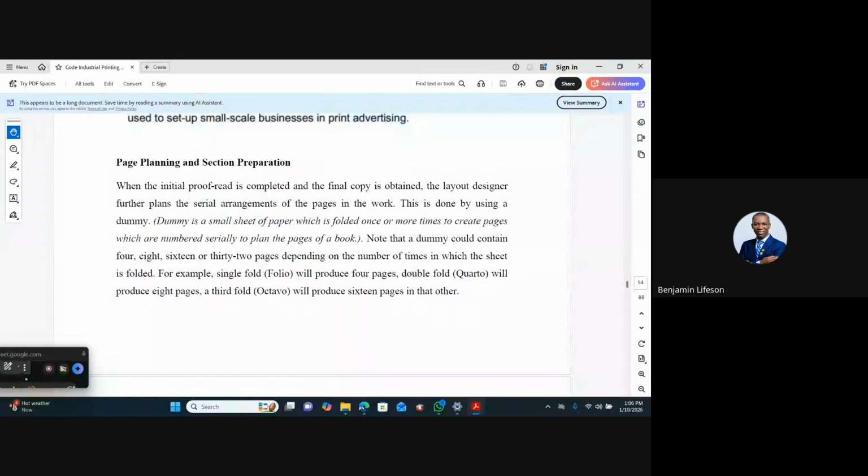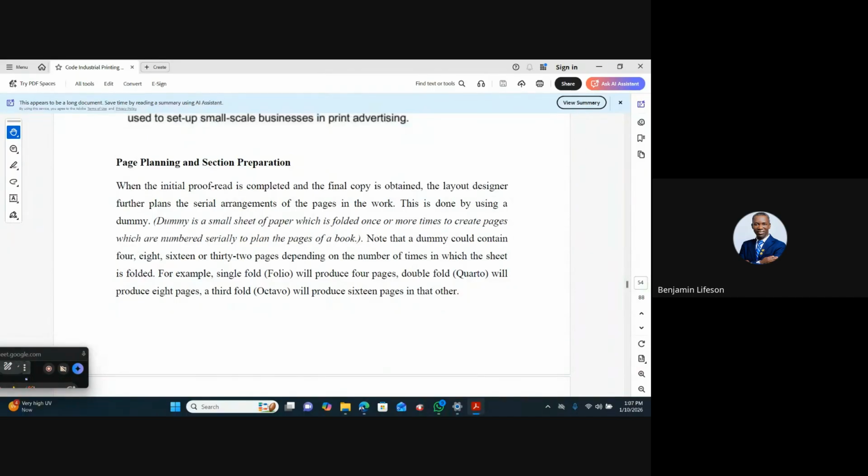If you are looking at page planning, it's a process. It's a way of organizing and mapping out the layout. You have done your layout already, so you map out the layout of content across multiple pages before the actual printing is done.